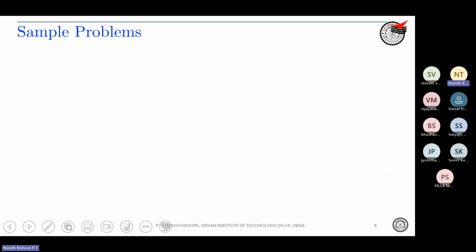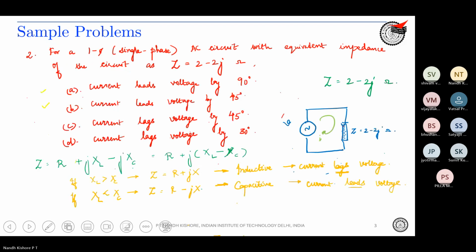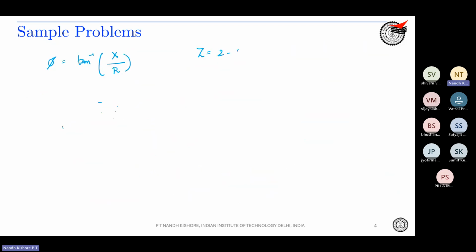Now the point is, what is the phase angle? Your phase angle is going to be tan inverse X by R. Over here, what is X? Z is 2 minus 2j ohms.